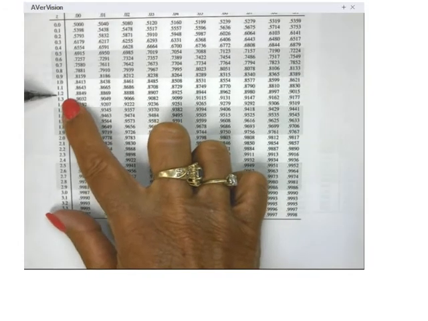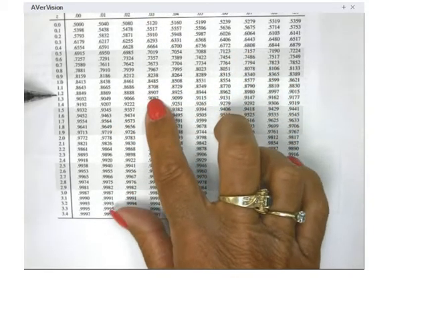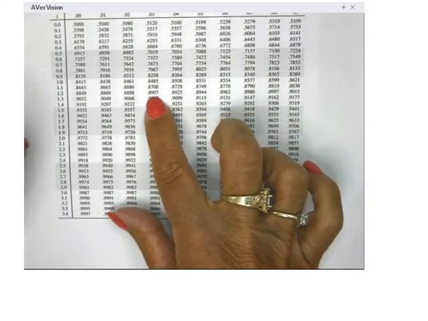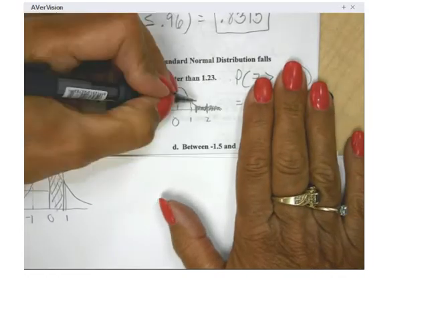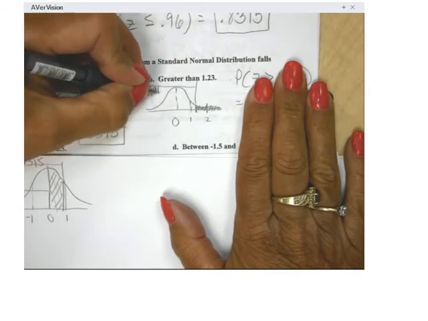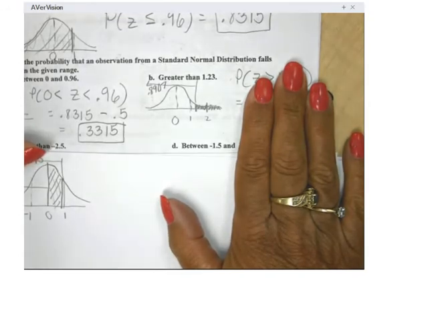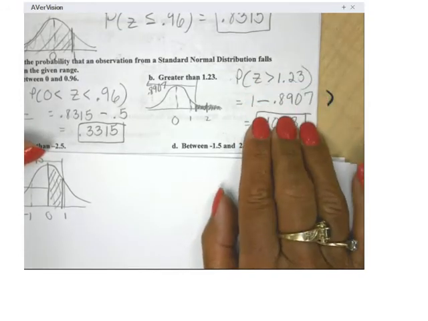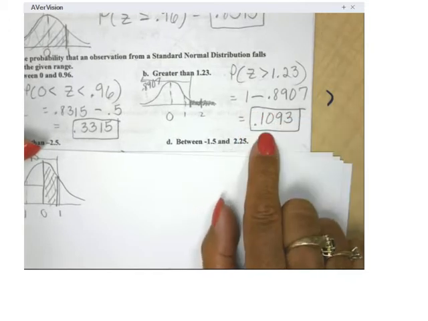Now I have to look up this table. I still have a positive z-value, so I go to my table. I want to look for 1.23. Here's 1.2, and I have 0.3, and I have to find the intersection of these, and I find that that becomes 0.8907. But that's the area down here, 0.8907.